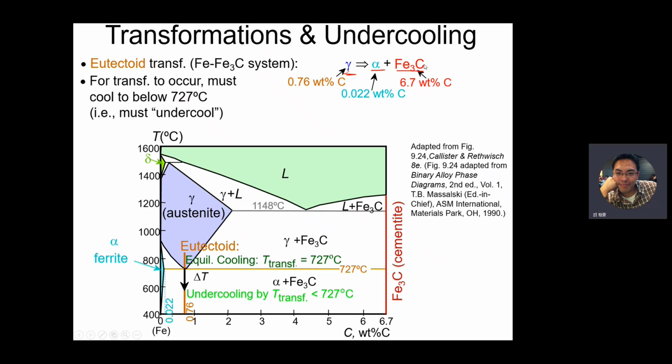Well, it's about 6.7. Do you remember that we mentioned there are two different types of intermetallic compound? One is stoichiometric, and the other one is non-stoichiometric. So what type is in this phase diagram? Of course, it is the stoichiometric intermetallic compound because it's a straight line at a specific composition of 6.7.